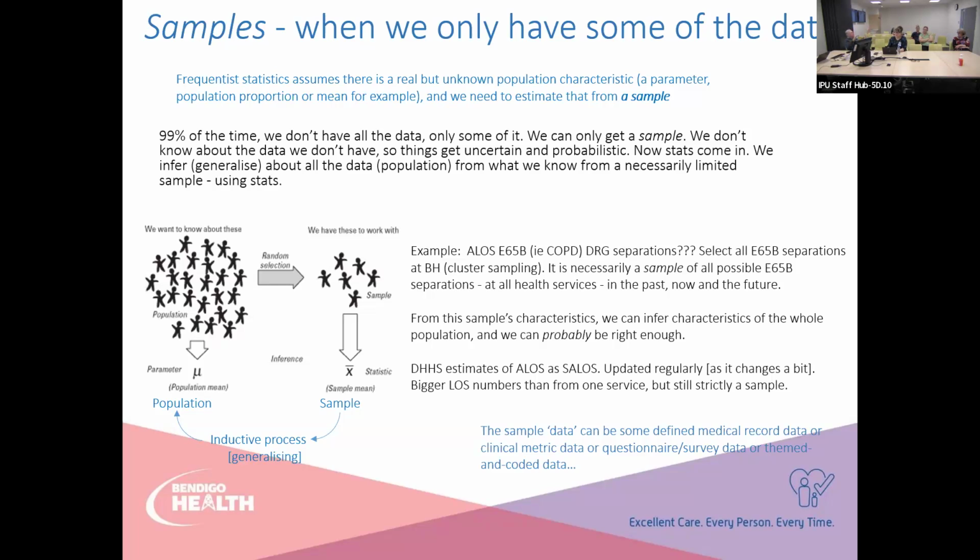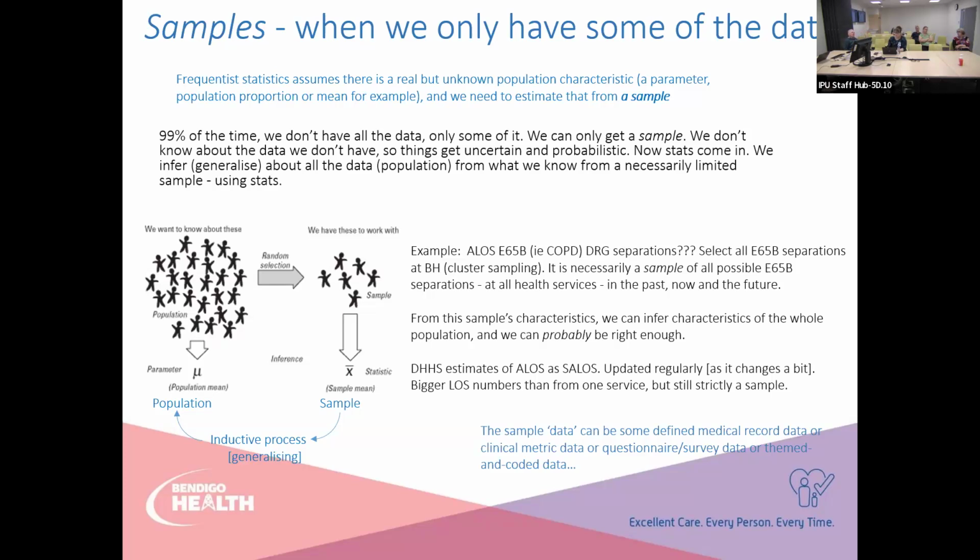So is my mean length of stay real quality improvement, or is it just tinkering around the edges? And that's for you to interpret. So whether you're inferring back to a population from a sample depends on what you're doing. But in research, we typically take a sample from a broader population and then try and generalize it to the population. That's what most research does.